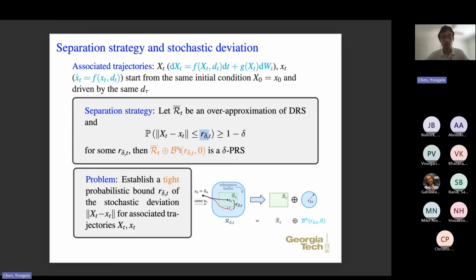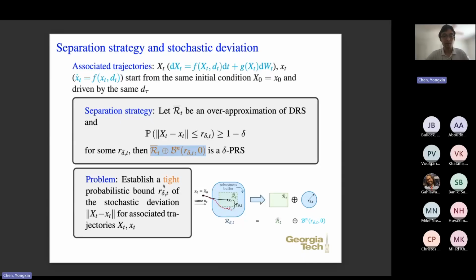Thanks to this strategy, the problem we care about essentially reduces to how I can get a good estimation of this ball so that the estimation is not very loose.